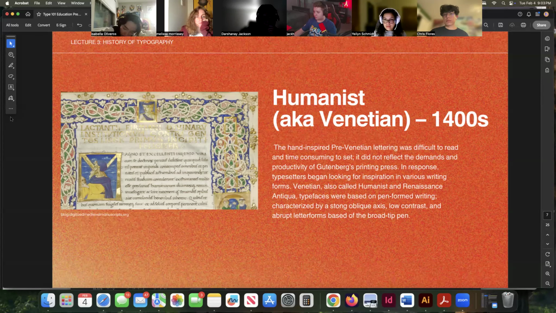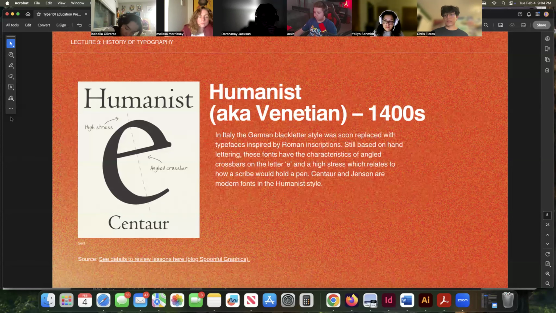Venetian, also called humanistic, and Renaissance antiqua typefaces based on pen-formed writing, characterized by strong oblique axis, low contrast, and abrupt letter forms based on broad-tipped pens. Interesting. So this is an example of that.